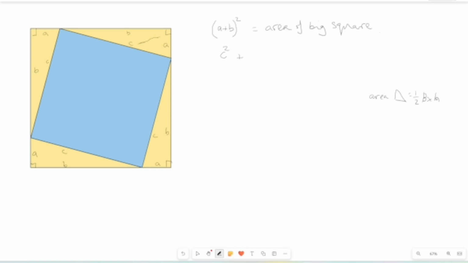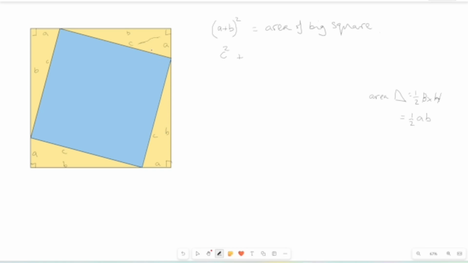Let's do it in capital letters to distinguish it. Base times height. And if we take one yellow triangle, let's take this one, the base is length B and the height is length A. So the area of that single triangle is a half A times B.